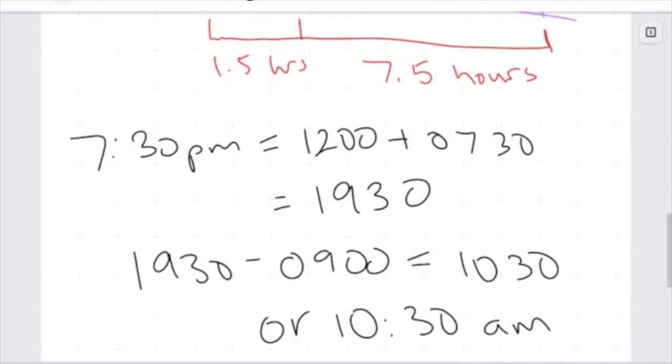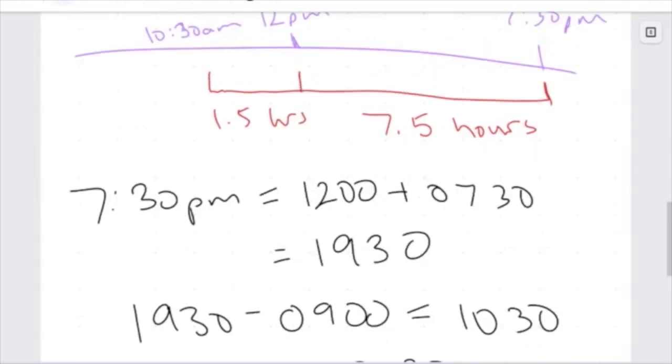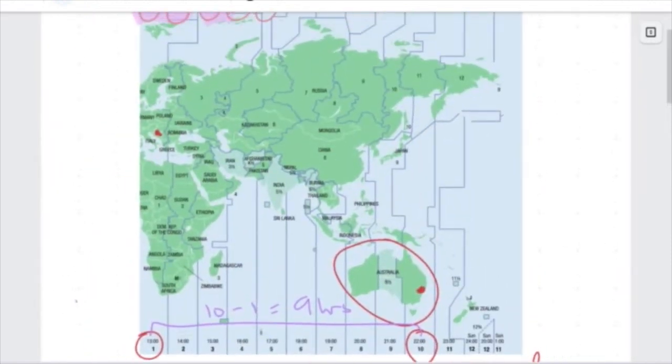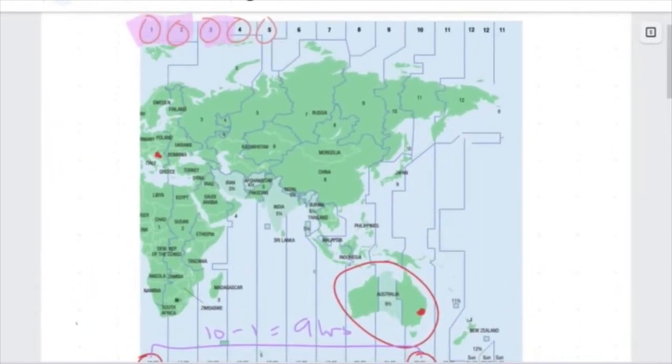So there's multiple ways we can go about this. But here you can see we're applying our time intervals and looking at different times around the world. So we're applying everything we know about time here.